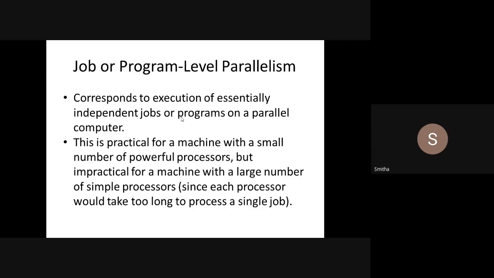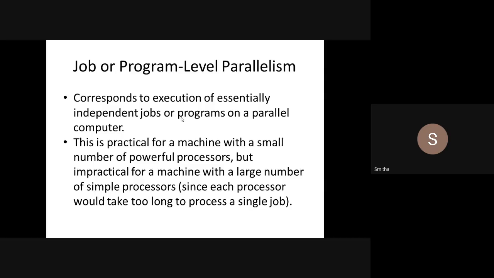What they are saying is, when we are executing an entire program at a time, we need a single processor with higher performance capacity. If we have many processors with less capacity, it is of no use, because we cannot detect parallelism at this level.